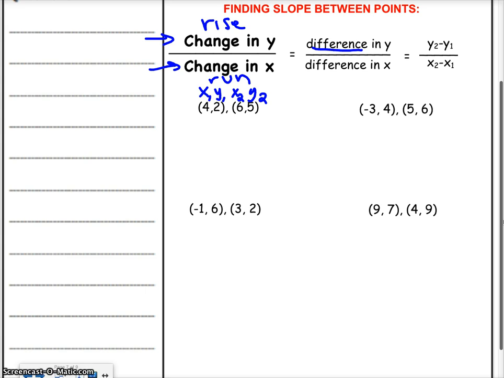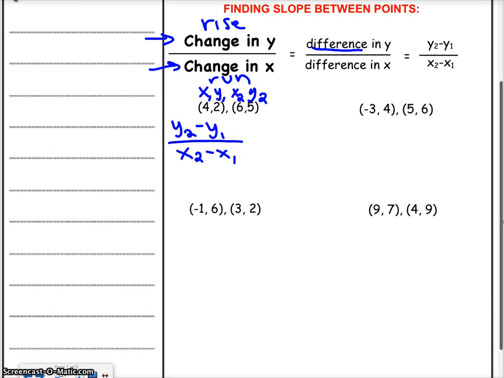So now I need to find my slope. y of 2 minus y of 1 over x of 2 minus x of 1. y minus y over x minus x. That's what I'm truly doing.